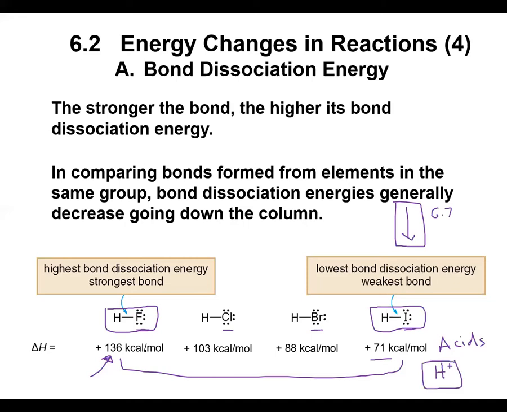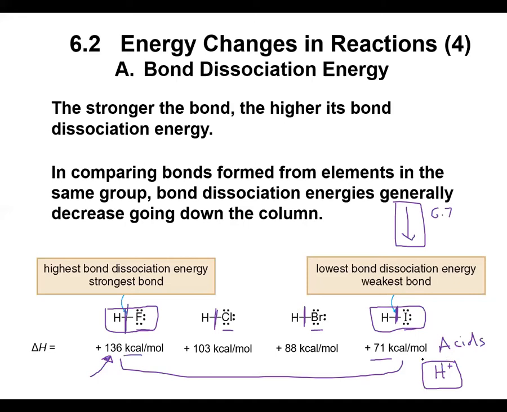In order to produce H plus ions, you would need to break the bond between hydrogen and whatever it is attached to: the I, the Br, the Cl, the F. In terms of bond energy, it's much harder to break that HF bond than the HI bond.